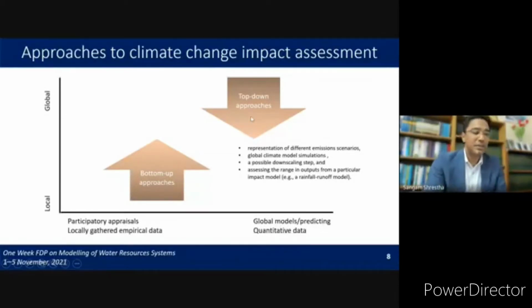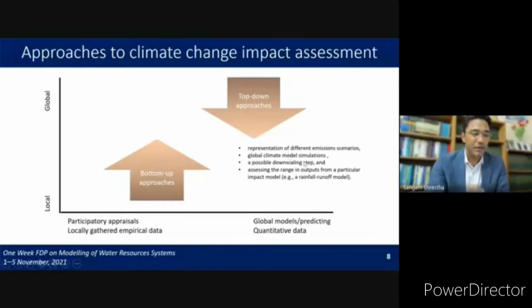So the top-down approach is basically a desktop study where different types of emission scenarios will be constructed, and then those emission scenarios will be fed into the climate models, basically general circulation models or global climate models.